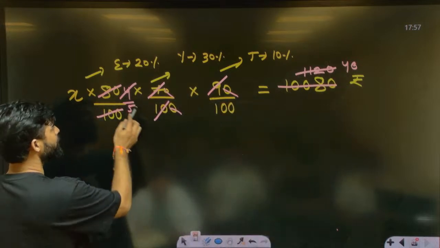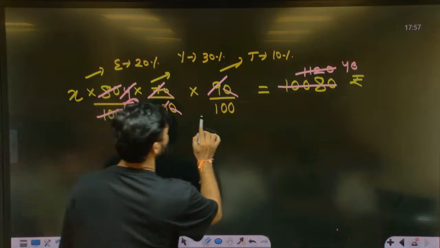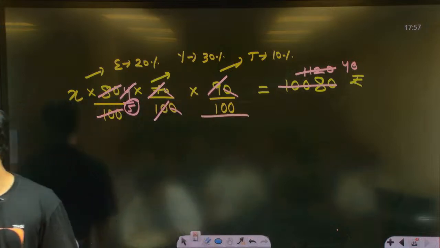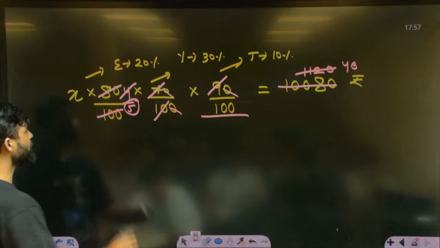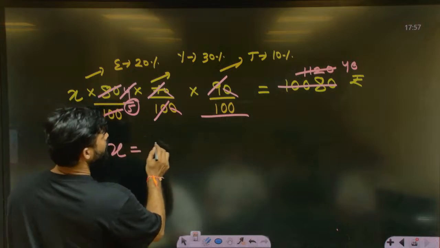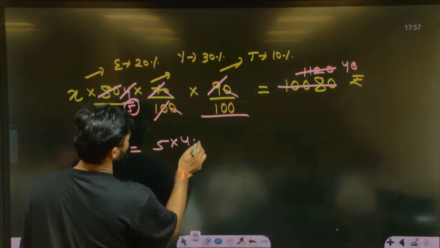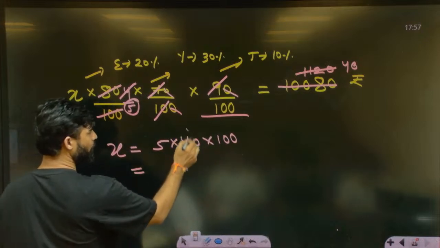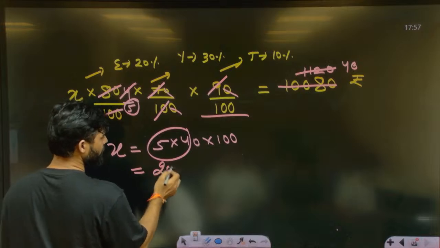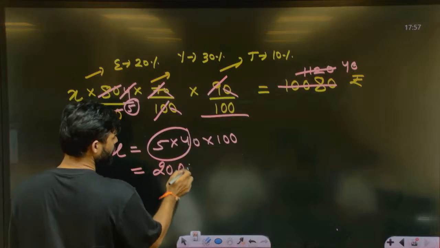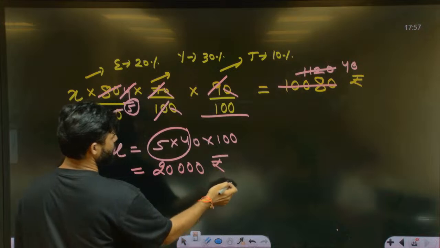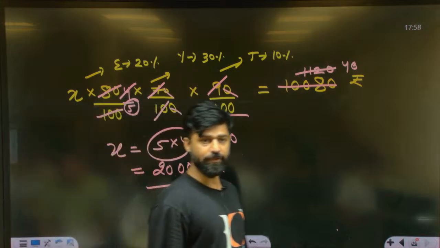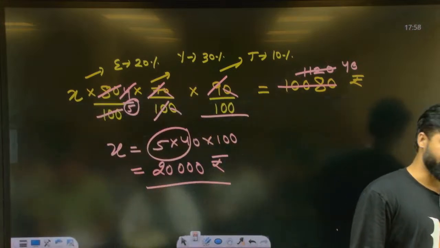Let's check what we have in the denominator. Now 5 and 2 zeros are remaining. It is the best way to do the calculation. So 5 into 4 into 100. 5 into 4, that is 20. Count the zeros, 1, 2 and 3. So his total wealth was 20,000 rupees.